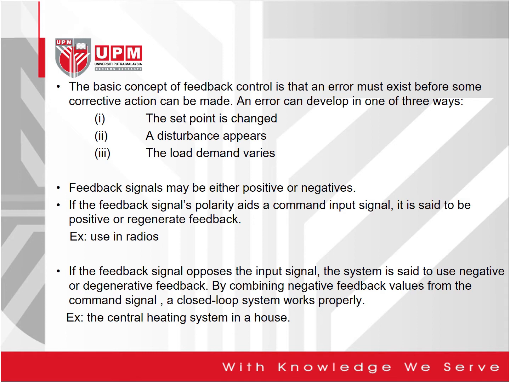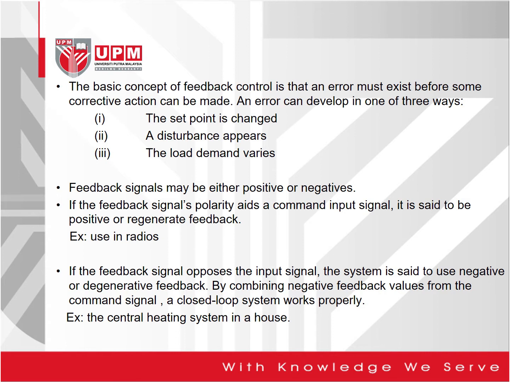If the feedback signal is in the same polarity as the command input signal, it is said to be positive or regenerative feedback. If the feedback signal opposes the input signal, the system is said to use negative or degenerative feedback.